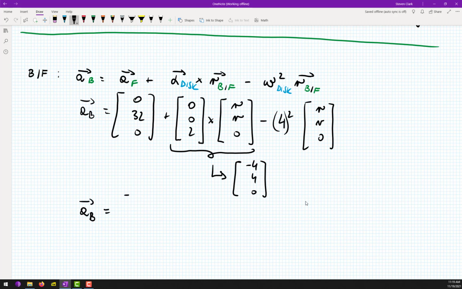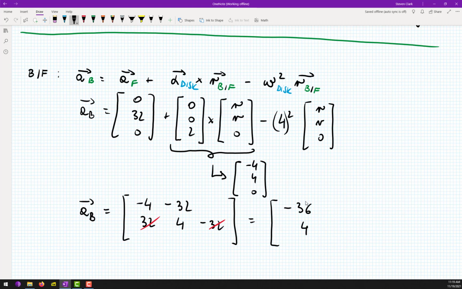AB will be equal to minus 4 minus 32, 32, 4 minus 32. Great. So we can cancel this out. And our acceleration of AB will be the following: minus 36, 40 feet per second squared.